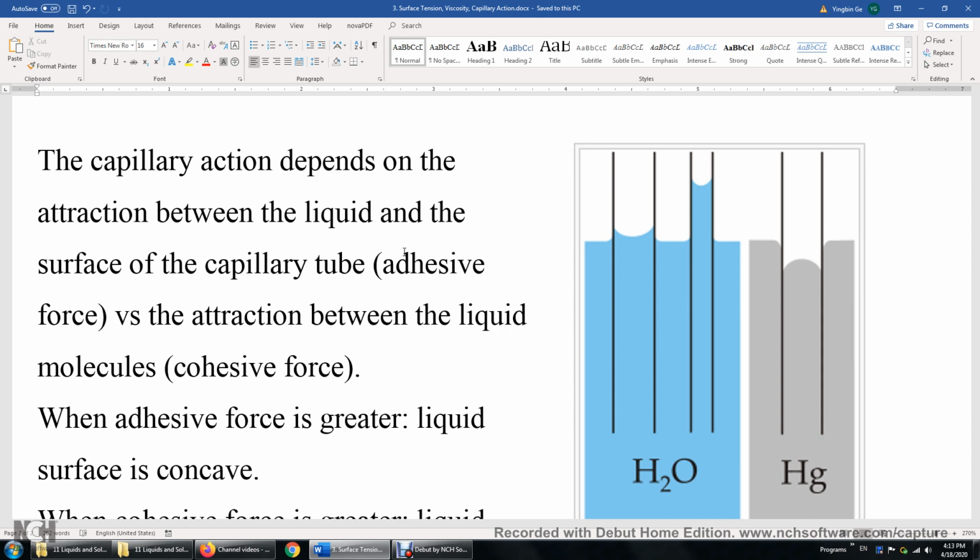When the adhesive force is greater, the liquid surface is concave. So over here, you can see 2 different capillary tubes. This one is thinner, this one is thicker. And then you can see this concave liquid surface due to the larger attraction between water and glass.